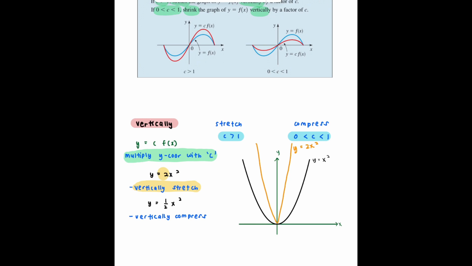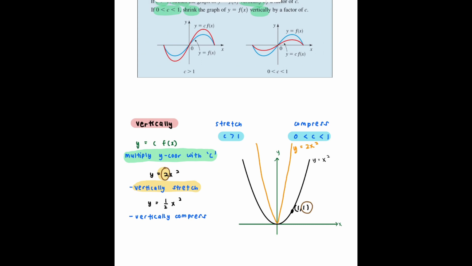So let's say we choose one point here, 1 and 1. For example, when your x is 1, squared, y is also 1. So what happened to the coordinate here? If you stretch the graph vertically, multiply the y coordinate with C. So where is your y coordinate? This is your y coordinate. 1 multiplied with C, your constant C is 2 right now.